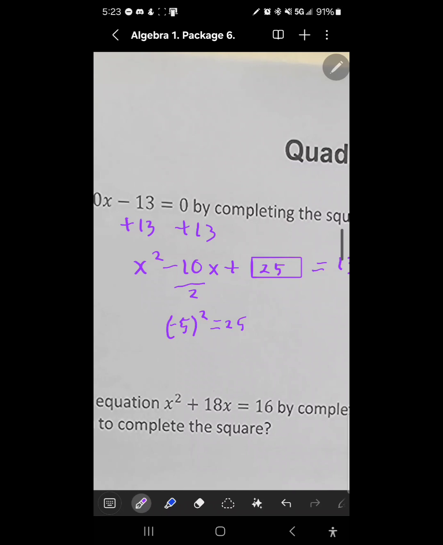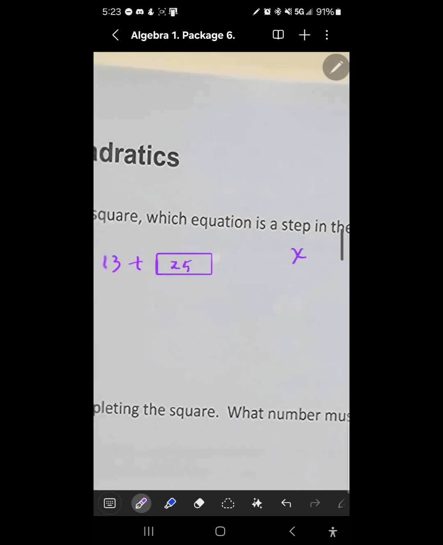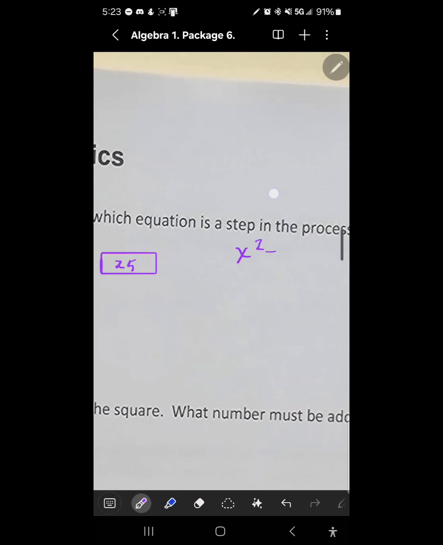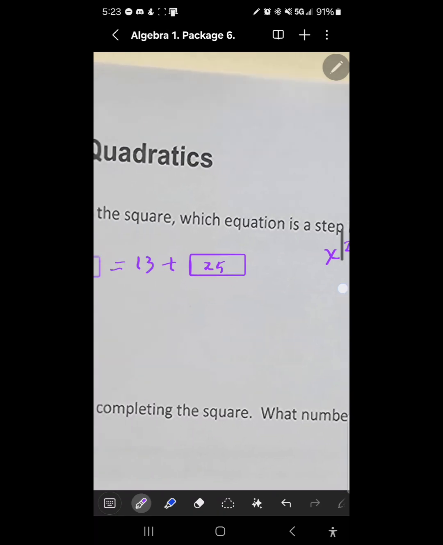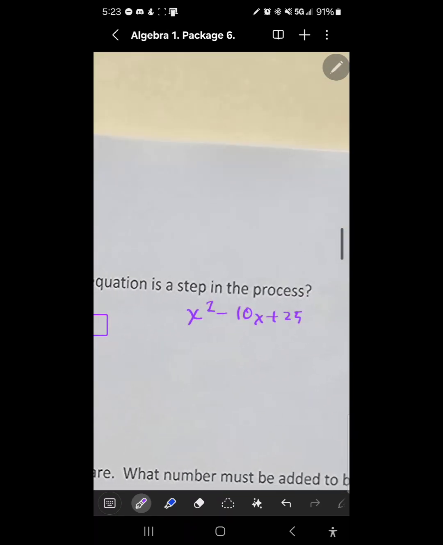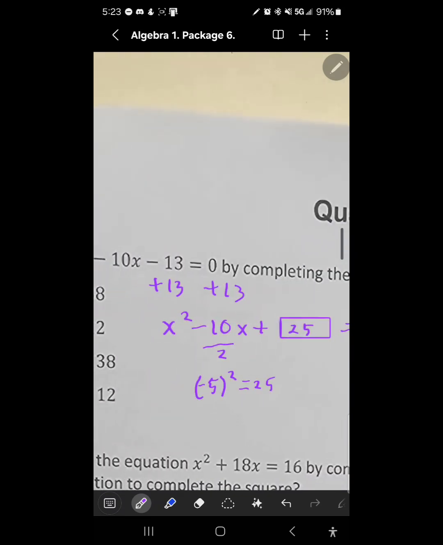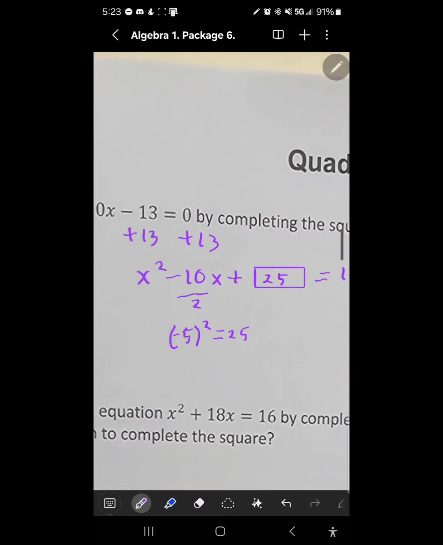The same process. Now if we factor this, x squared minus 10x plus 25, we saw that this is negative 5. So what we're always going to get in these factorings is x plus the value we get in the middle one.